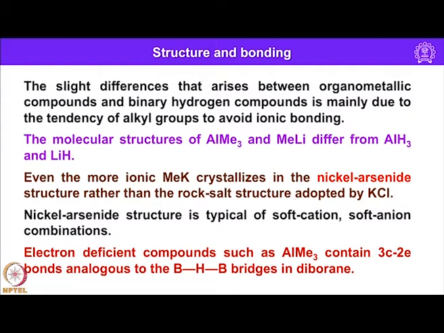Even the more ionic methyl potassium crystallizes in the nickel arsenide structure rather than the rock salt structure adopted by KCl. So, that means the nickel arsenide structure is typical of a soft cation, soft anion combination. Electron deficient compounds such as trimethyl aluminum contain 3 center 2 electron bonds similar to the B-H-B bond we come across in the case of diborane.